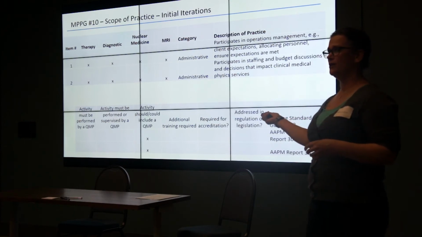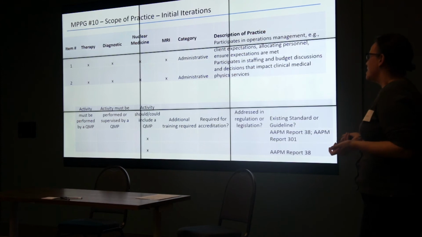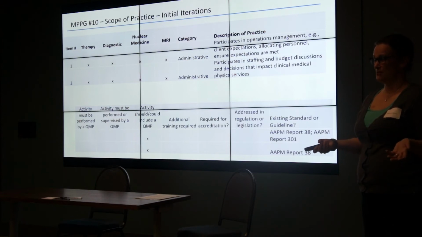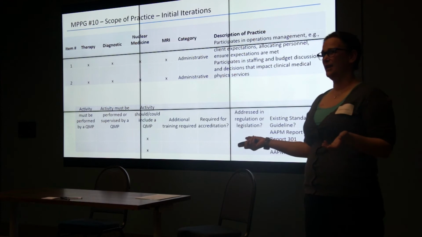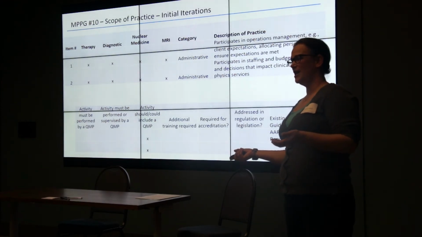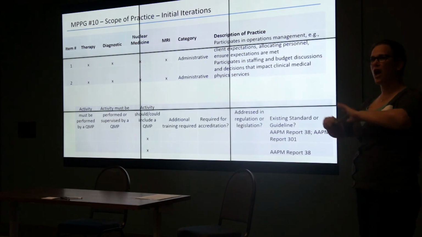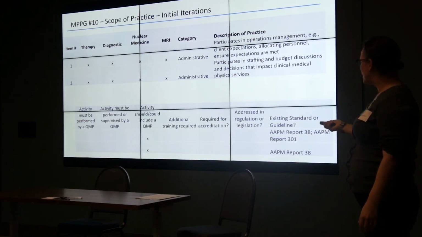The next part is, okay, now we figured out how we define what people are doing. Then the question is, which of these do we feel has to be done by a QMP or should be done by a QMP, and which of them can be delegated? And if they can be delegated, what level of supervision is appropriate? There were hours and hours of conversation about this because there are a lot of different opinions about how to do this.